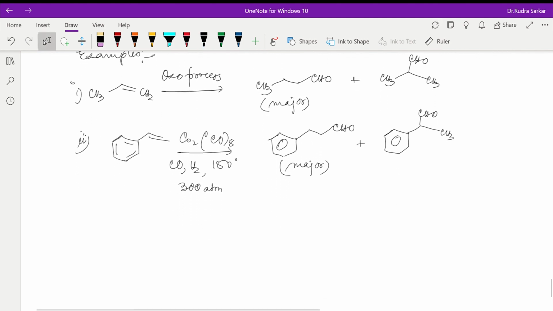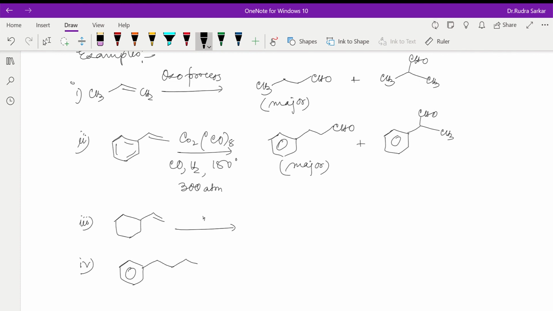Okay, just give it a try for practice with these. Same reagent. Same reagent.